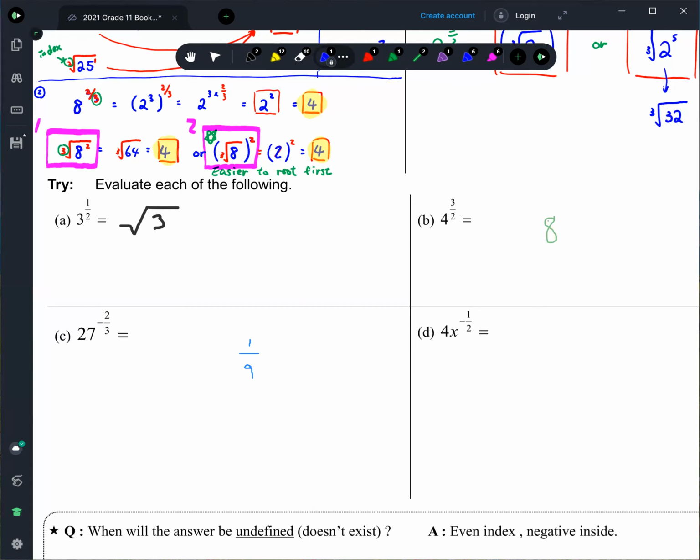You can put it on the screen. Okay, 4/x, 1/9, 8, and square root 3.